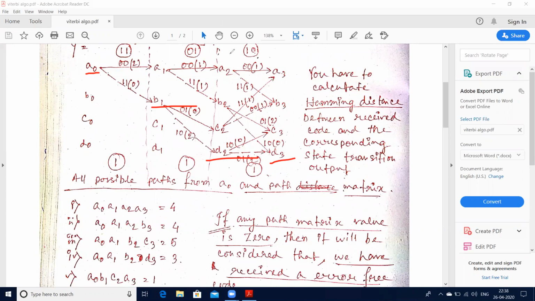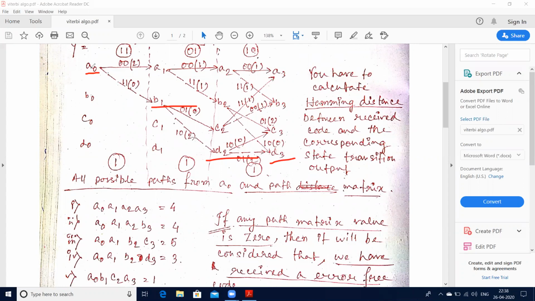How? This is very important. I'm following this path from A0, B1, D2, D3: A0 to B1, B1 to D2, and D2 to D3. Suppose the path matrix is 0. We have to consider what input this path corresponds to.